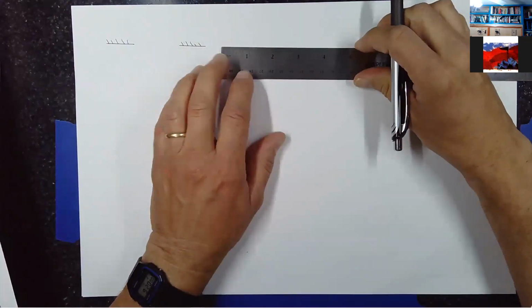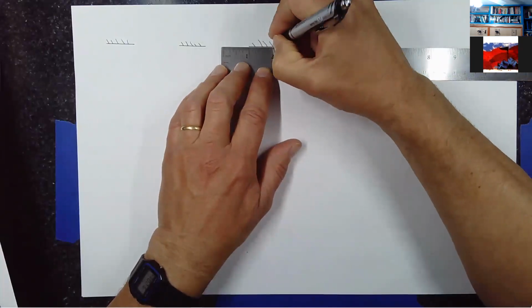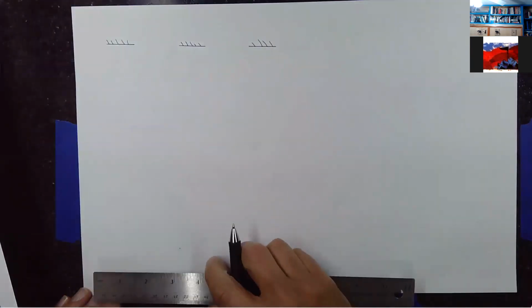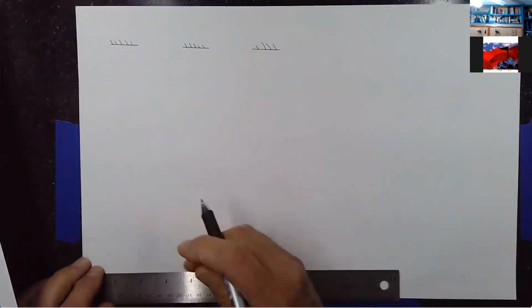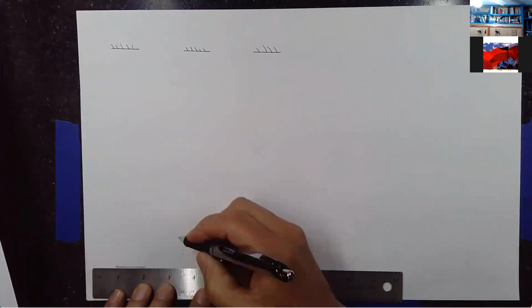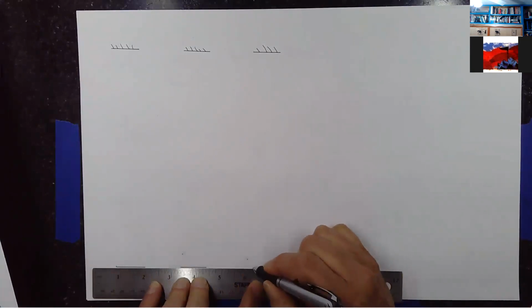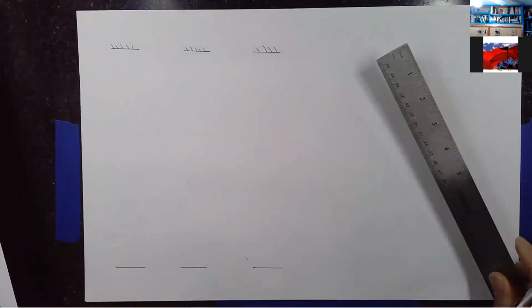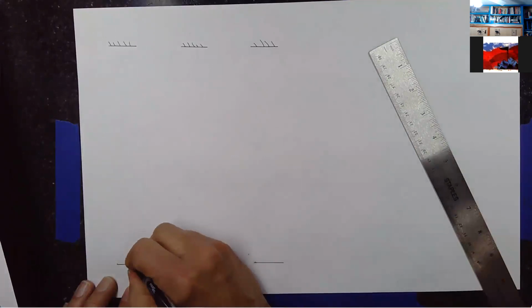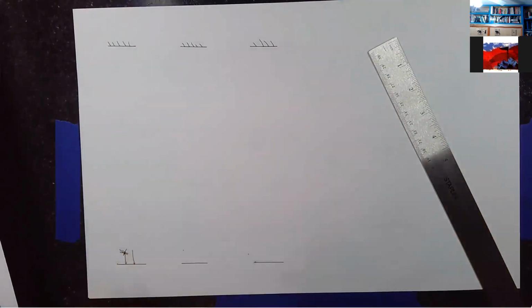But it's moving. And then down here we'll have the photocell and the light source. Our first event here is going to be the light flash.